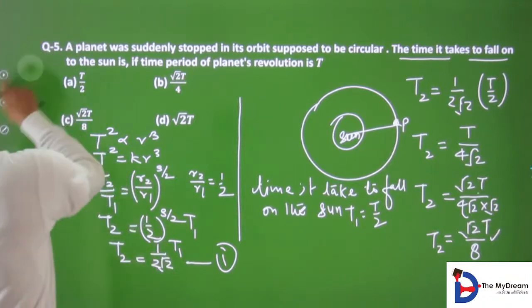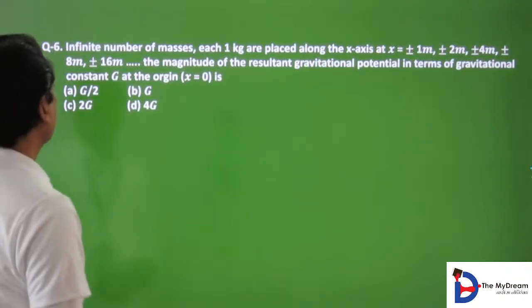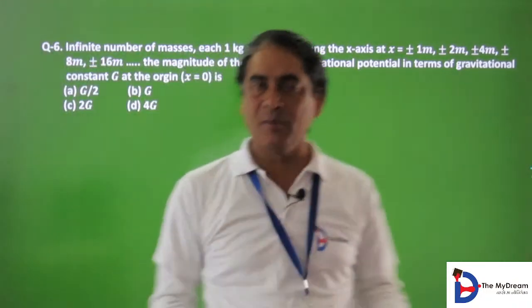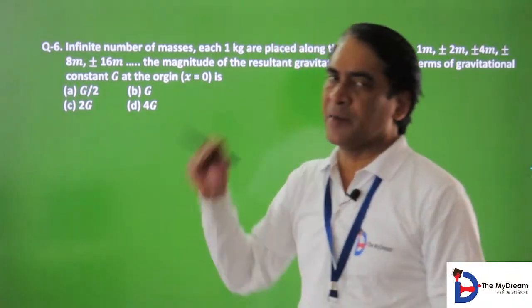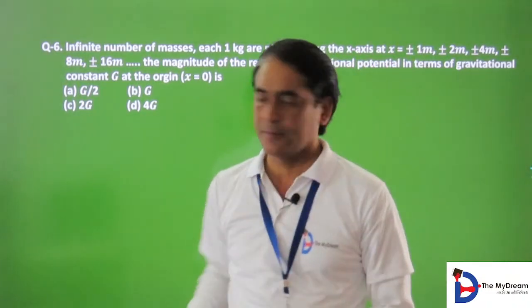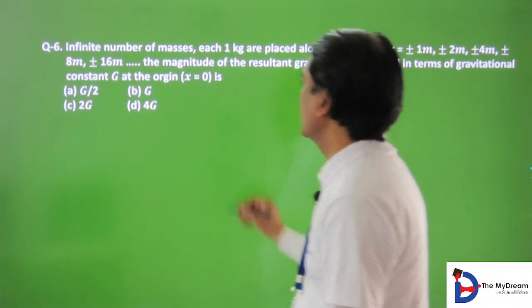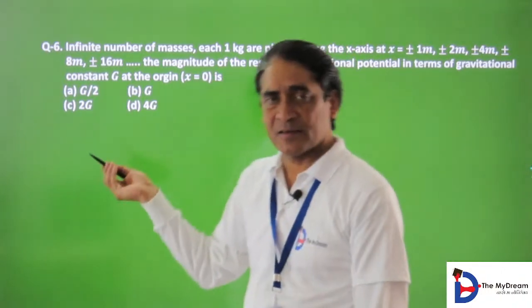Next. Infinite number of masses are given to you, each of mass 1 kg, and they are placed at certain distances. The several particles are given to you like this, either on the negative axis or on the positive axis.